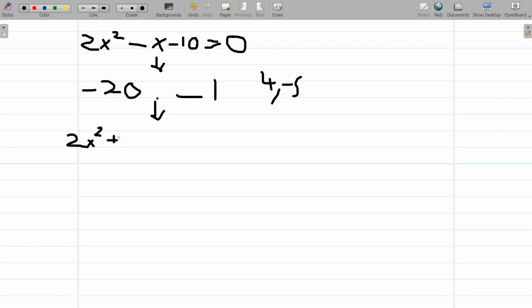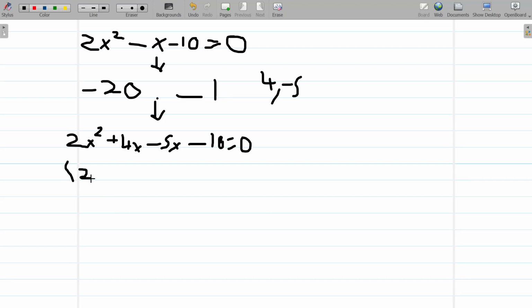plus 4x minus 5x, so it will still equal -1x. It's just we wrote it in a slightly different form. Minus 10 at the end still, and then obviously equal 0. And then we're going to section them off in brackets a bit.